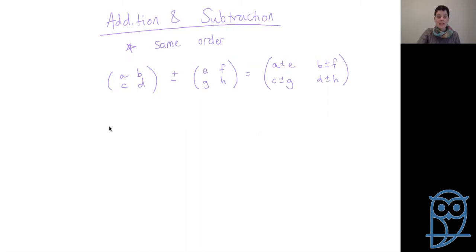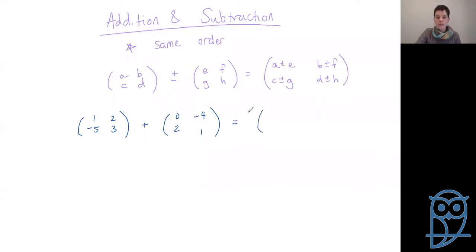So an addition example, we could have, let's say, 1, minus 5, 2, 3, plus 0, 2, minus 4, 1. So we are happy we have 2 by 2, 2 by 2, they are the same order. We have a bottom left and a top right in each of these matrices.